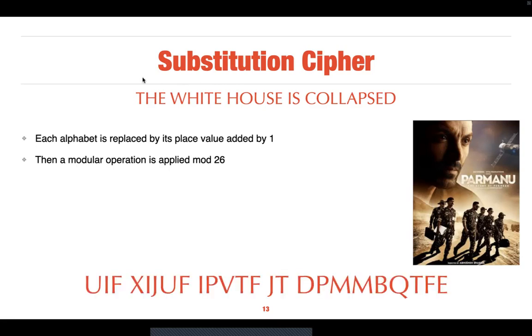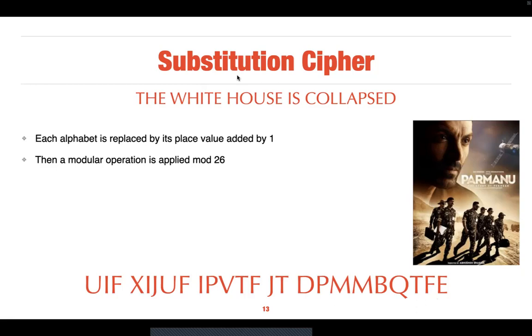So T plus 1 gives U, with modular 0, so we get U. In the same manner, H will be I, E will be F. So we have added 1 to each letter and got that string, as we have seen in the previous example. So this is substitution cipher.